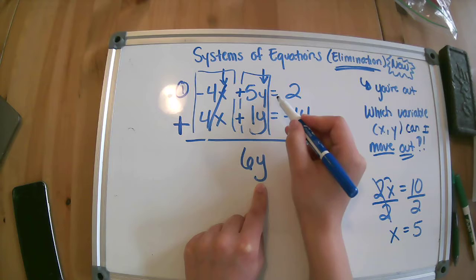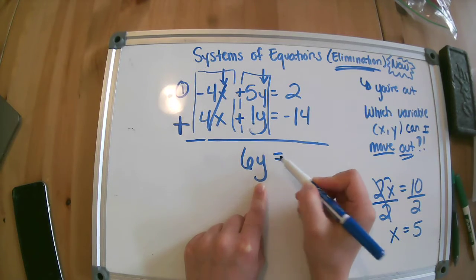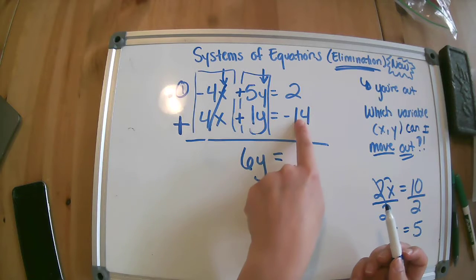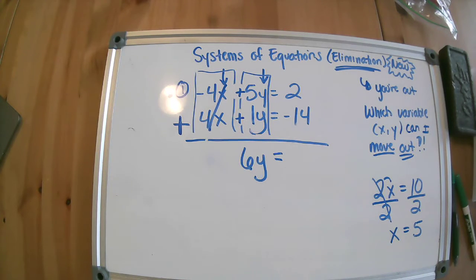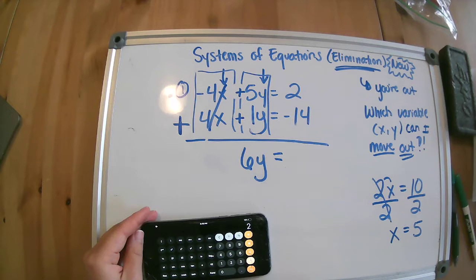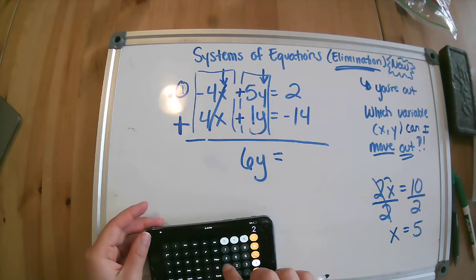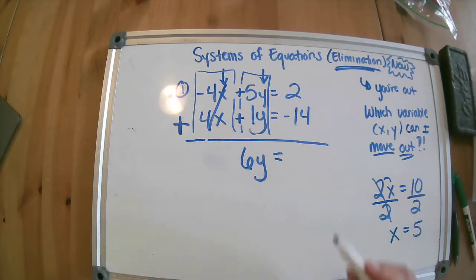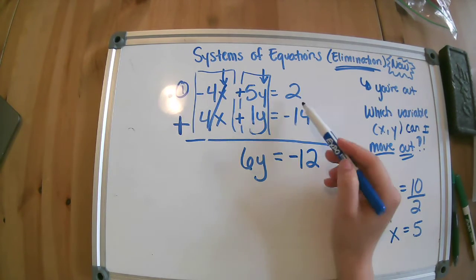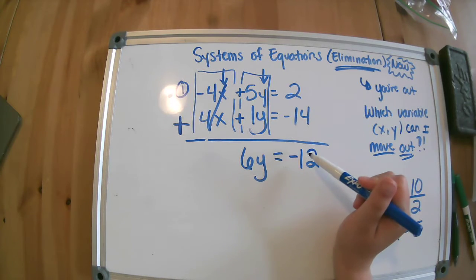Great. Now here I'm going to bring down my equal sign, and now I'm going to do 2 plus negative 14 on my calculator, okay? So I'm going to show you what that looks like. 2 plus, and then negative 14 gives me negative 12. This is very important: when you're dealing with a negative like this, use a calculator.